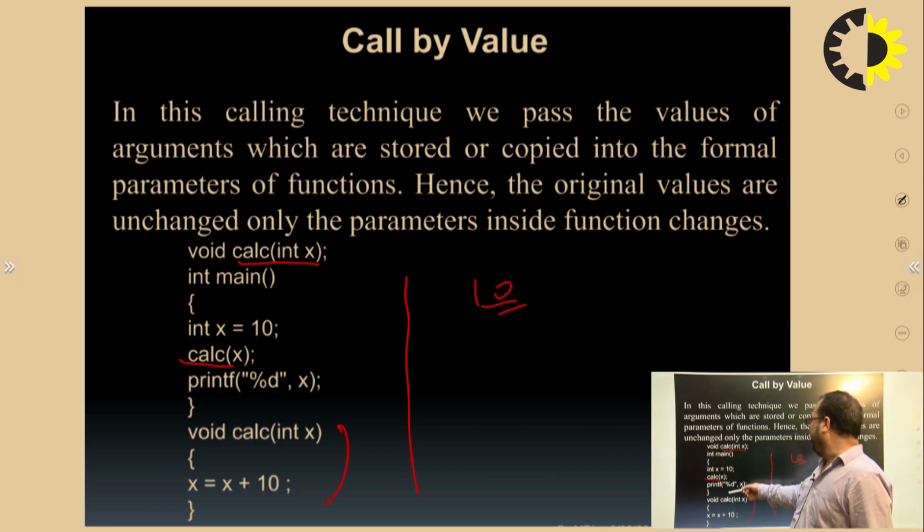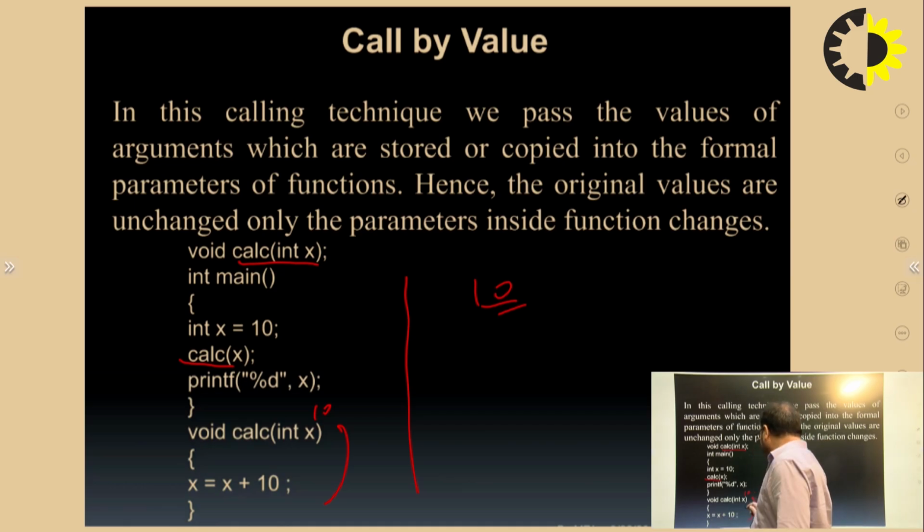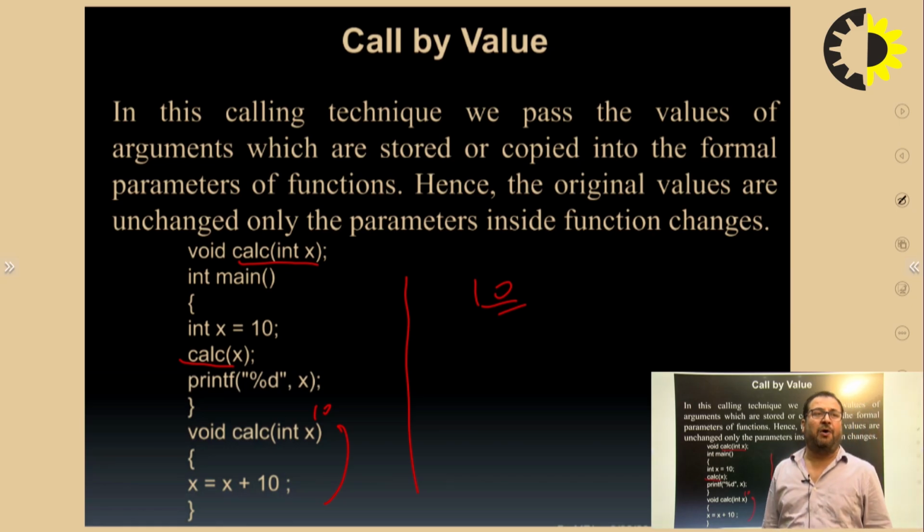Once we pass the value 10, this x will simply be 10, and x could be manipulated to 10 plus 10, meaning 20. But this 20 will exist only in this scope, okay, because this is a simple variable of automatic storage class. So its scope becomes local.